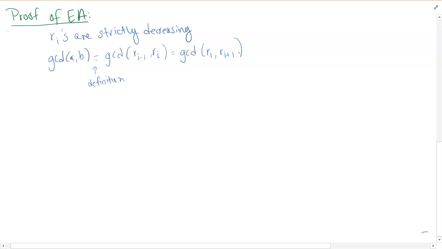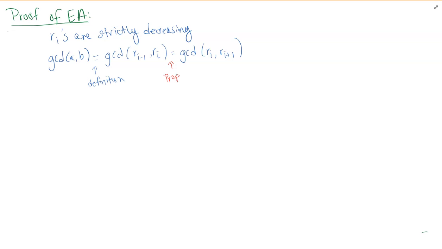After we've run the division algorithm once, the GCD of what we started with and the GCD of B and the remainder from A and B are equal, and this is true by the proposition. Remember, if d divides a and d divides b, then d divides the sum or difference of a and b.